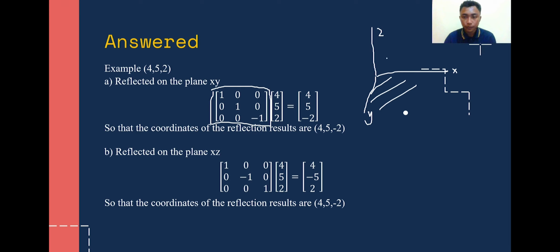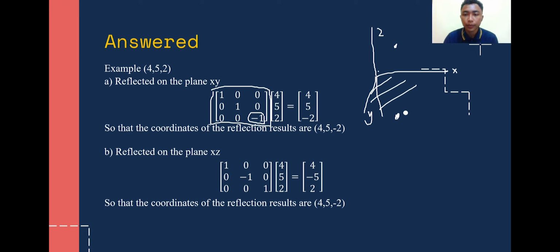For example, this is the point, and this is the z. If we reflect this coordinate across the plane x, y, the coordinate will go to the bottom, and the values x and y will not change, but the value z will become negative. So why is there a minus 1? That's the reason.